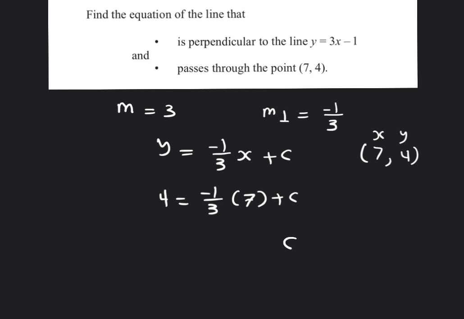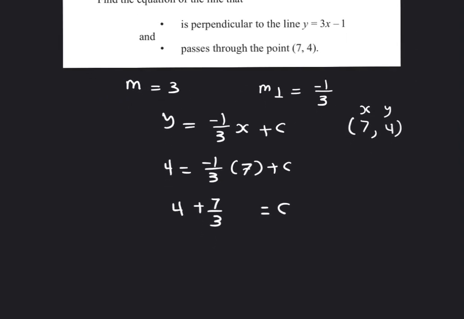So c equals 4 plus 7 over 3. So c equals 12 over 3 plus 7 over 3, which is 19 over 3. Now the equation will be y equals negative 1 over 3 x plus 19 over 3.